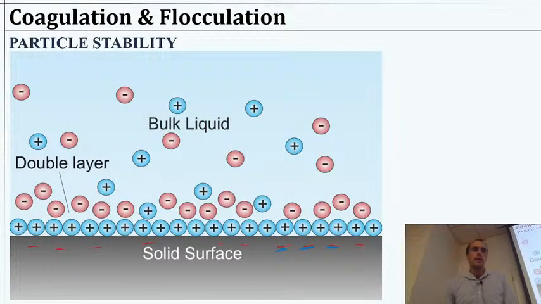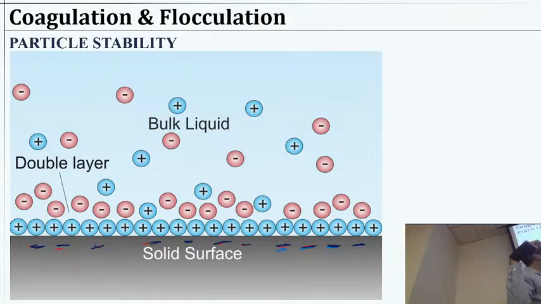So the double layer effect, if we imagine some negative charge on the surface here, then we can say the first layer of ions will end up pretty much making a nice layer there. All the cations like to be there next to the surface.